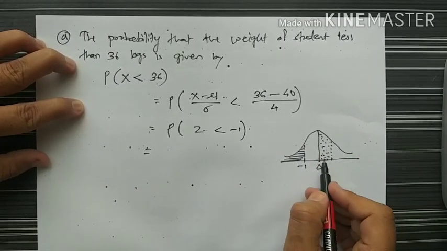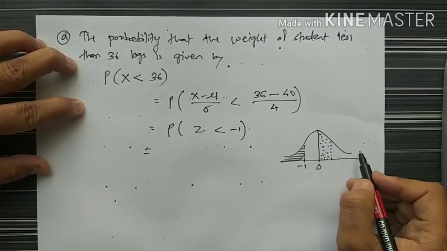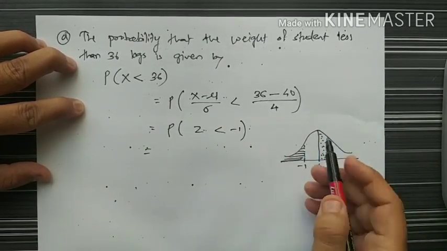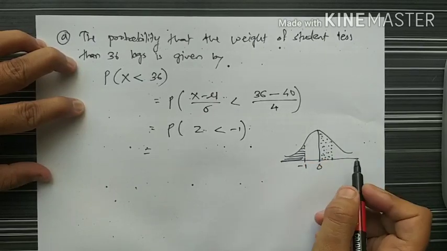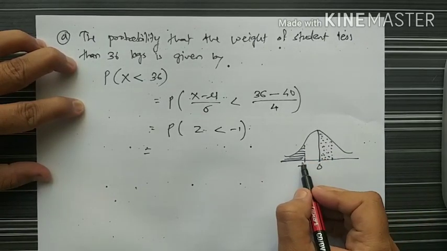Now we know that in the standard normal curve the area below 0 is 0.5 and above 0 is 0.5, because the total area under the curve is 1.